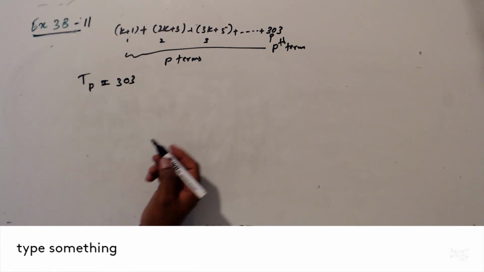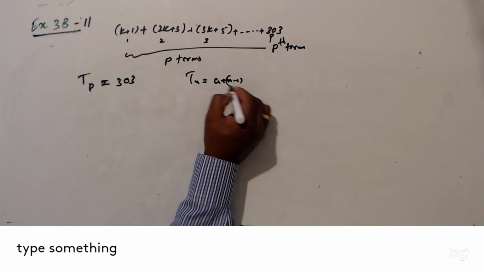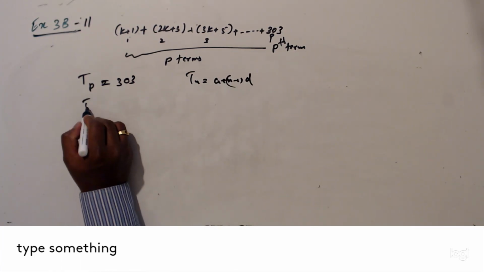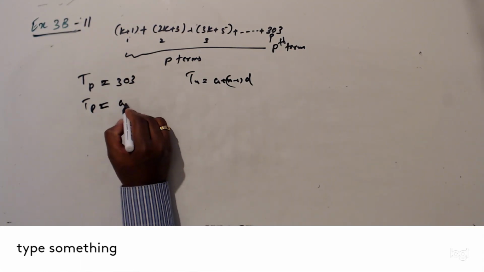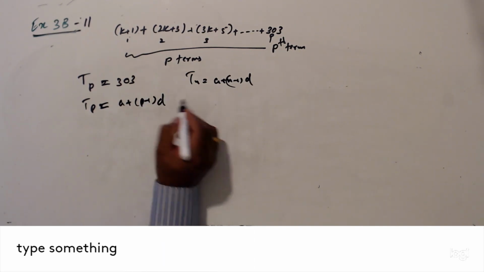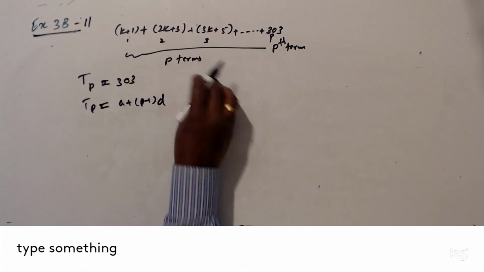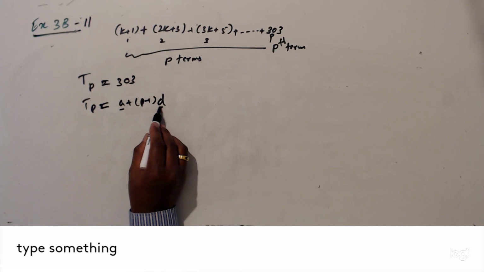We know Tn equals a plus n minus 1 times d. So we can write the pth term: Tp equals a plus p minus 1 times d. Now, do we know a, do we know d?